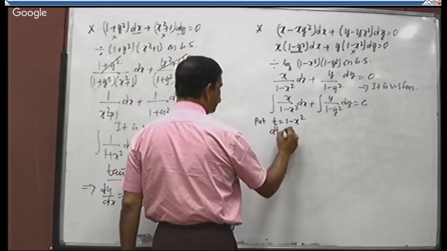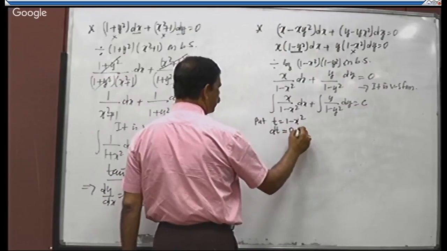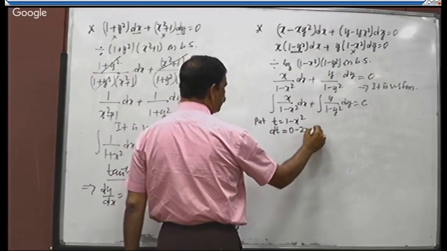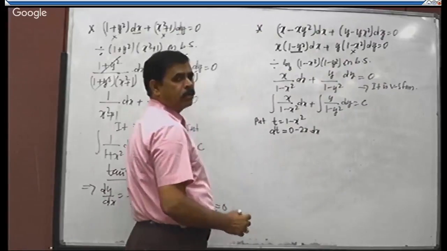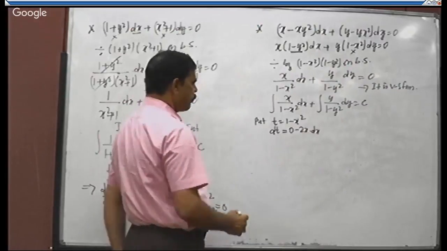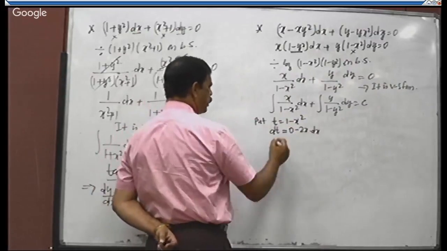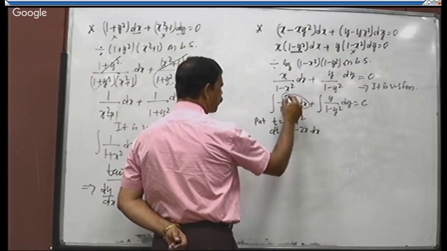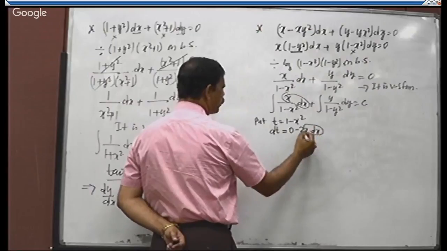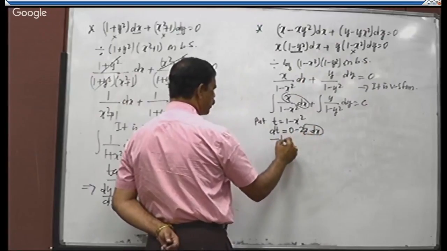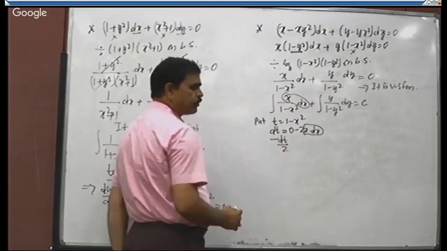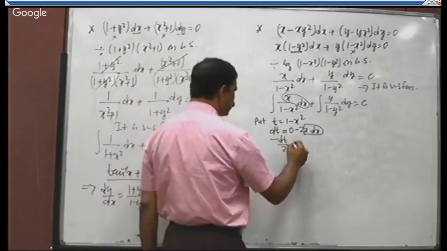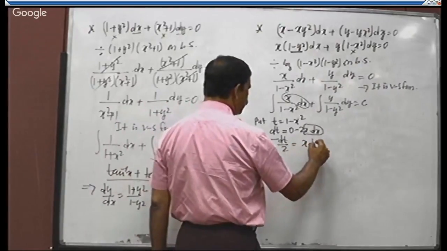Put t = 1 − x². Differentiate this, dt = −2x dx. Here I need only x dx, correct? What is remaining? Minus 2. You take it this side. −dt/2 = x dx.